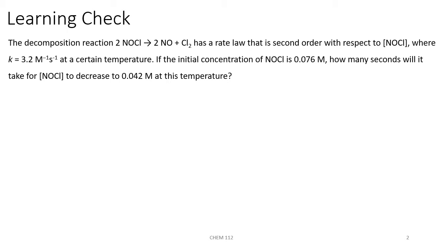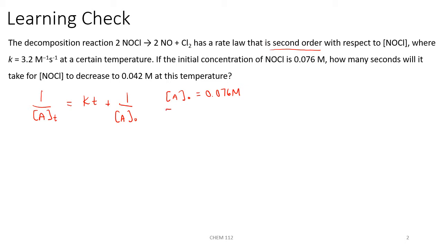So since we know that this is a second order rate law, we're going to use the integrated formula for second order. 1 over A sub T equals K times T plus 1 over A sub 0, the original concentration. And in this case, we know a few things from the problem. We know our original concentration is equal to 0.076 molar.